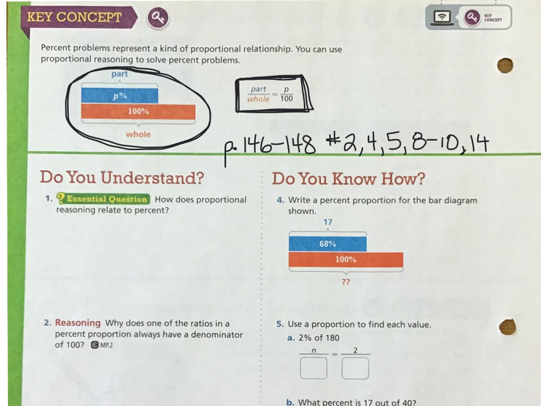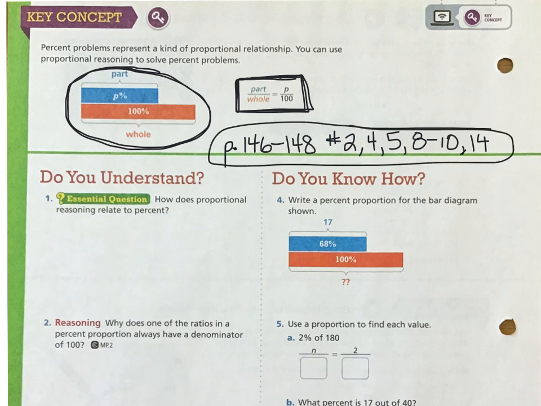So that's a total of 7 questions that I want you to try on your own. Now we will be talking about these in class, so if you don't get all of them, that's okay, but these are the ones that I want you to try first, and then we'll go over questions that you have as well as these problems in class the next time we meet.